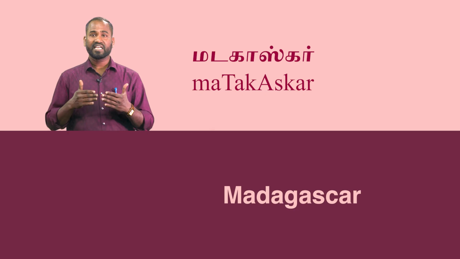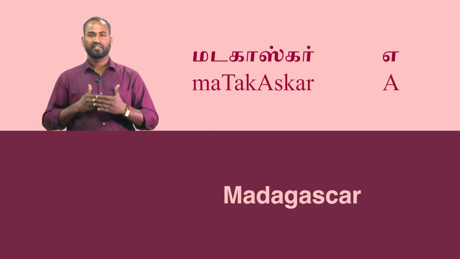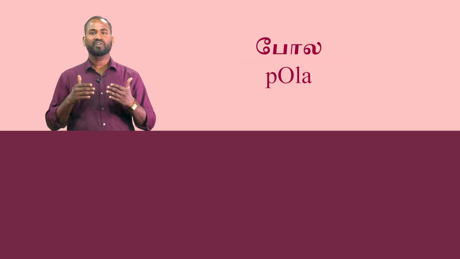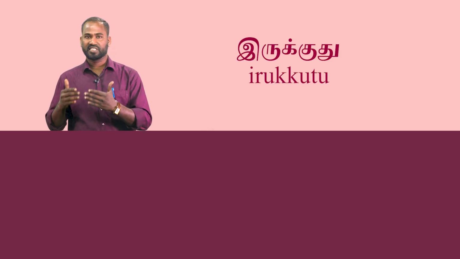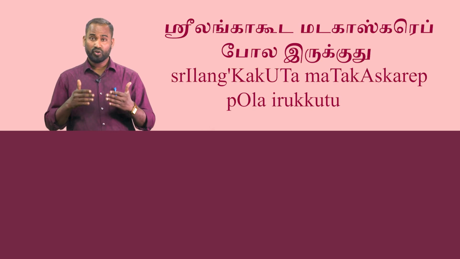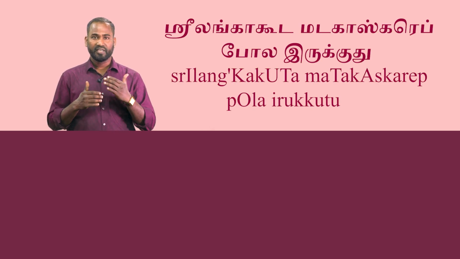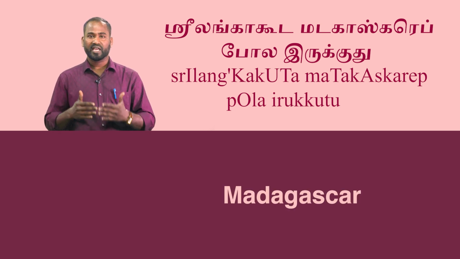Since Madagascar ends with a consonant, the objective case marker ai is added, forming Madagascarai. Adding pola after that gives Madagascarai pola, which indicates the comparison. Finally, the verb இருக்குது completes the sentence. So, the full sentence literally means Sri Lanka also looks similar to Madagascar.